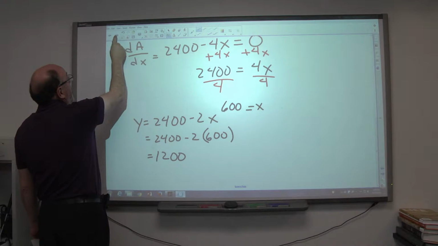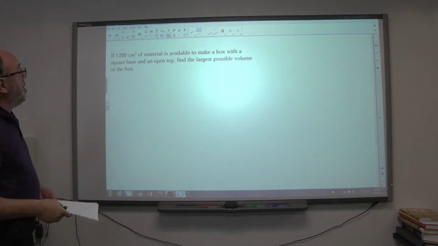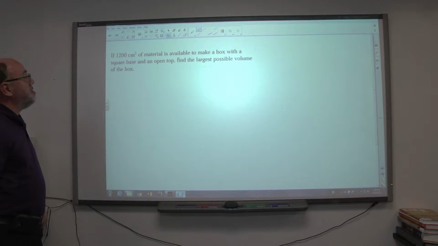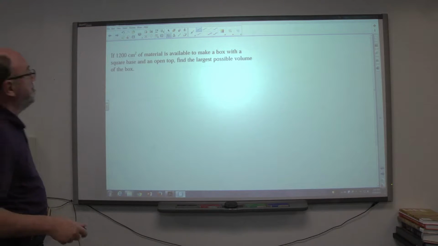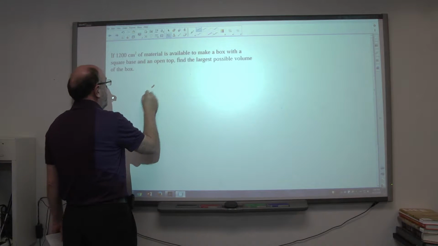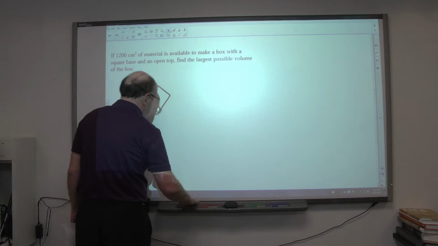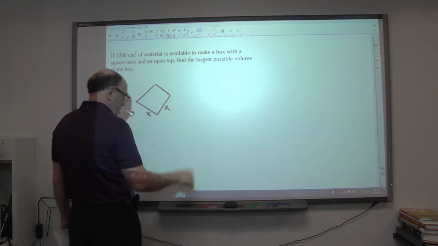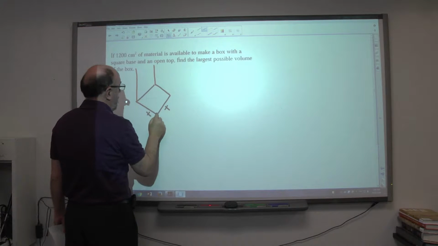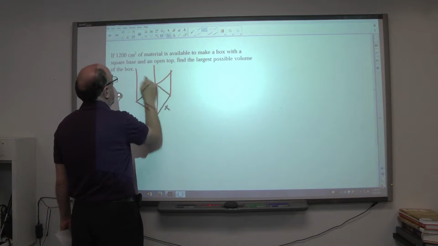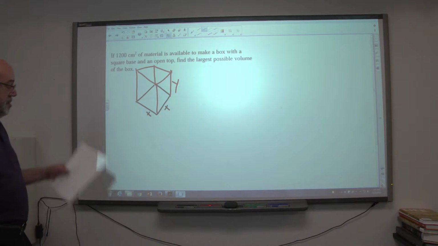So let's look at another example. And so here we now have 1,200 square centimeters of material. Make a box with a square base and open top, and find the largest volume possible. So in this case, we have a square base. So this will be x by x, and we have a box. And we'll call the height y.